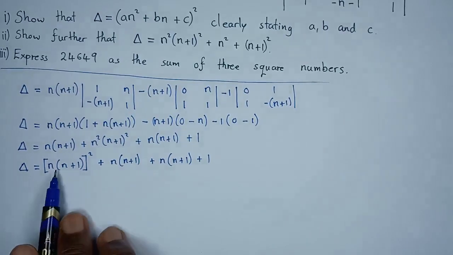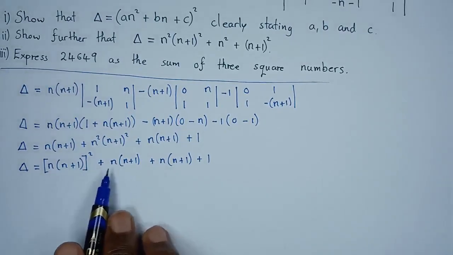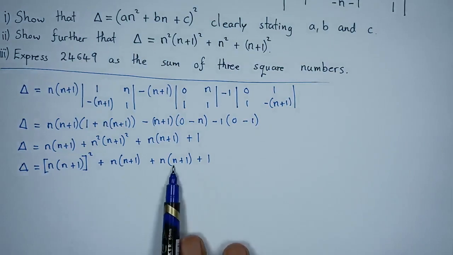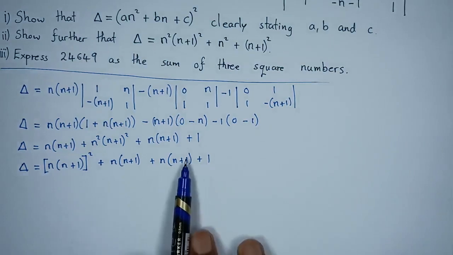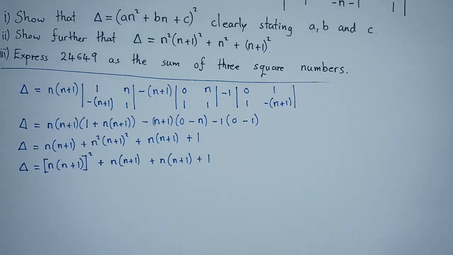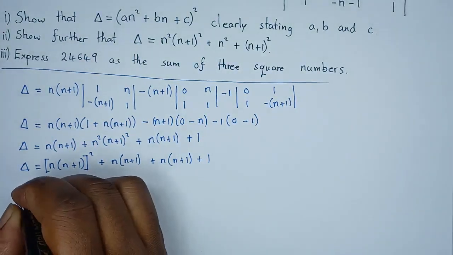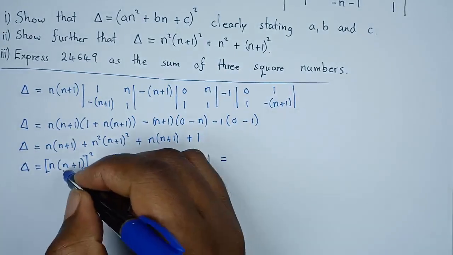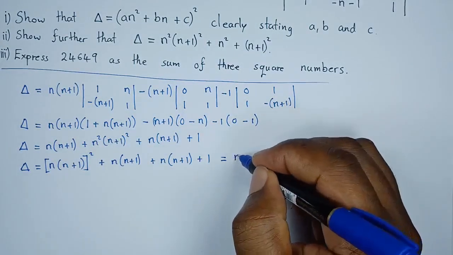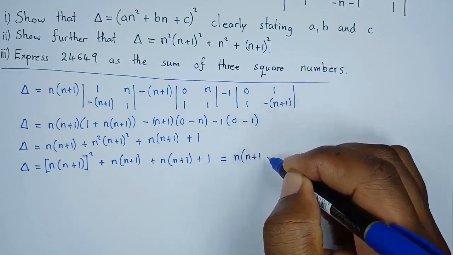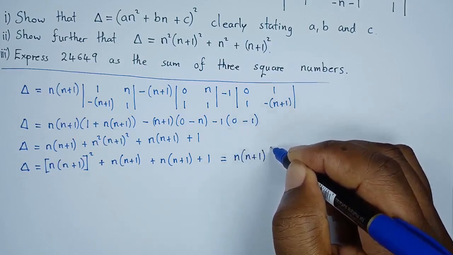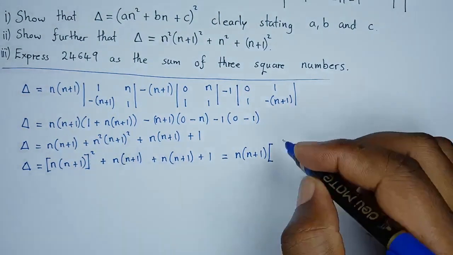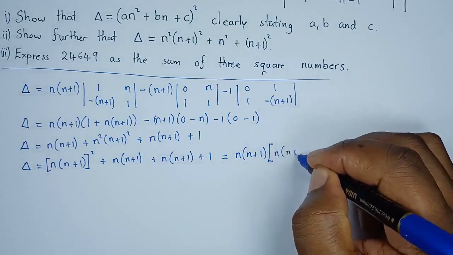So if you look at this part, we can factor out what is common. What is common is n, open bracket, n plus 1. Look at this part, we can factor out what is common. What is common here is 1. So for the first part, we can say, let me even bring it here. I have enough space here. What is common here is simply n plus 1. So if we factor out what is common for these two parts, what remains here is the same n plus 1.